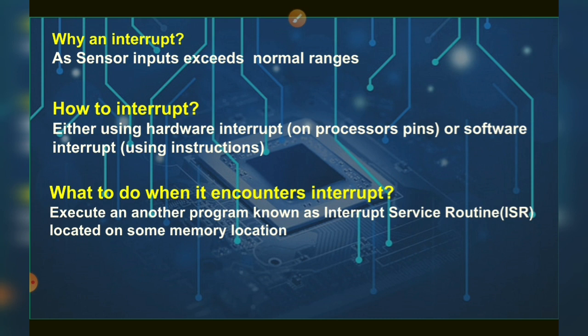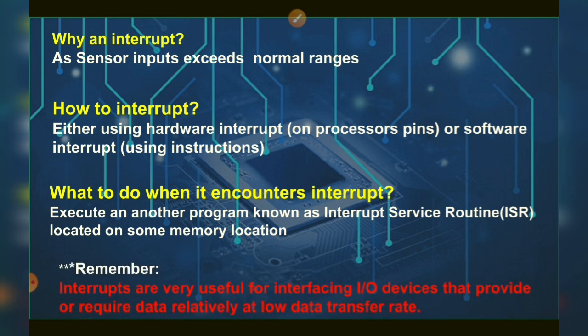In our example, the normal program is monitoring and displaying the sensor values. Whenever these values exceeded the normal range, the processor stopped its normal program execution and immediately executed a program which would either activate the buzzer or send information to the mobile using Bluetooth.